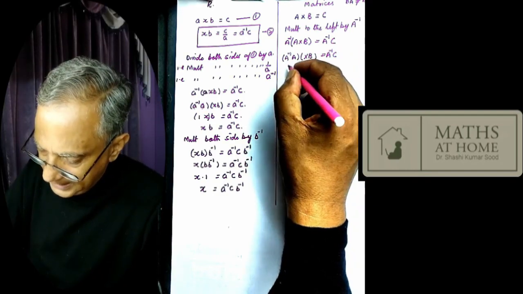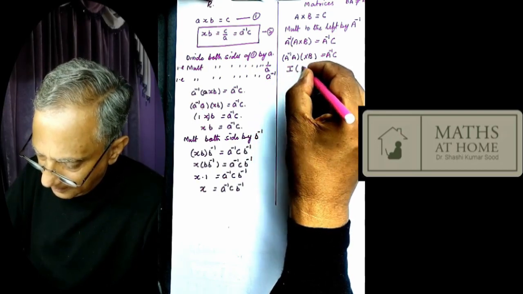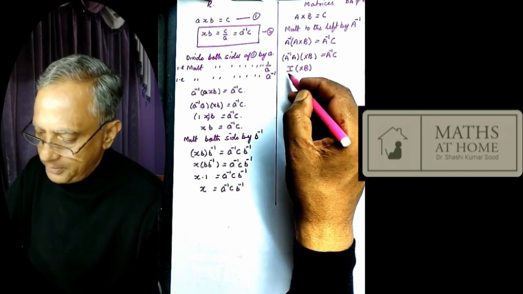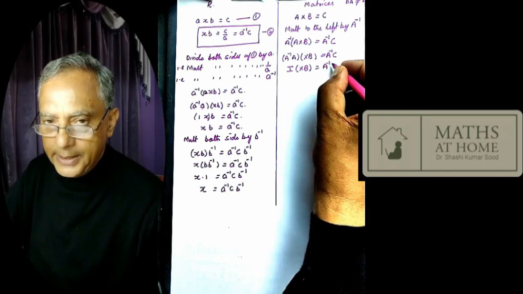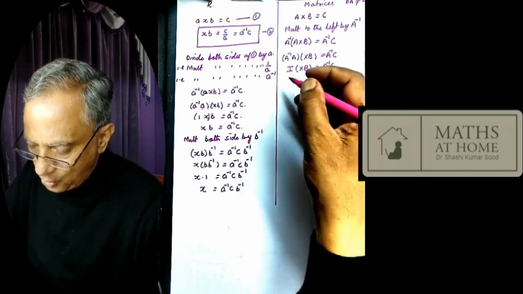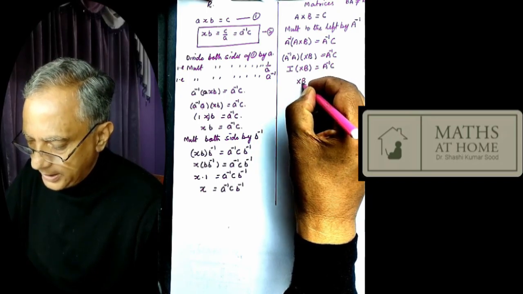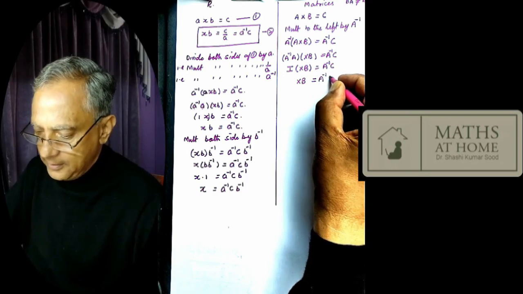So A inverse A is I, and we get I into XB is equal to A inverse C. So I into XB is XB, so we get this equal to this.